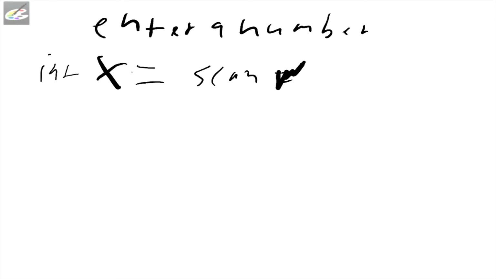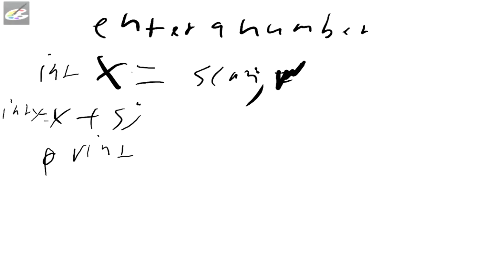It's the scan, so you just think of that. And then you do the computation. So let's say we're going to say x plus 5. And then we print it out. So we're going to say int y is equal to x plus 5, and then print out the y.